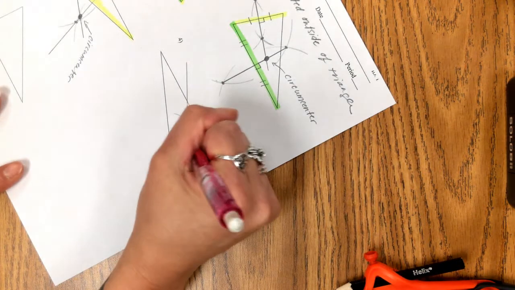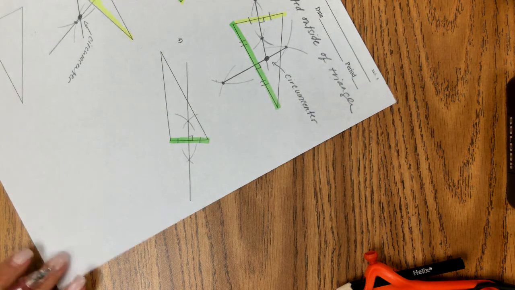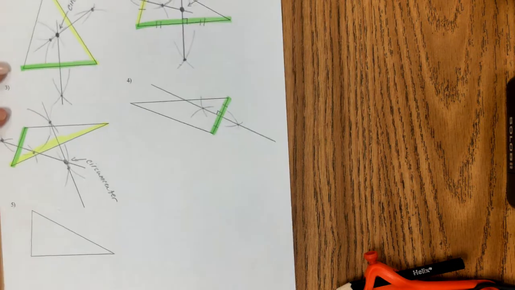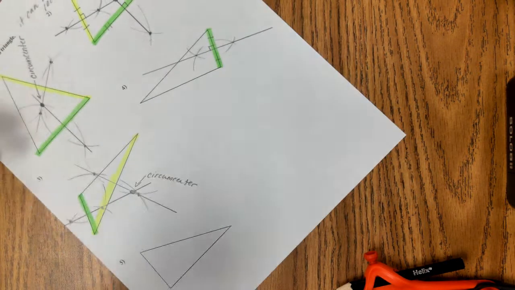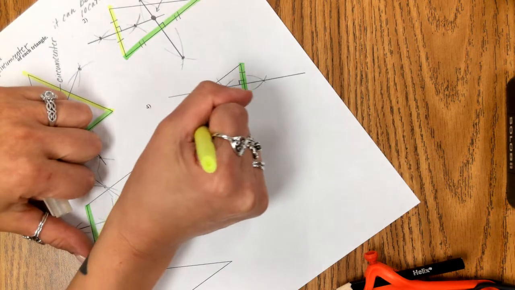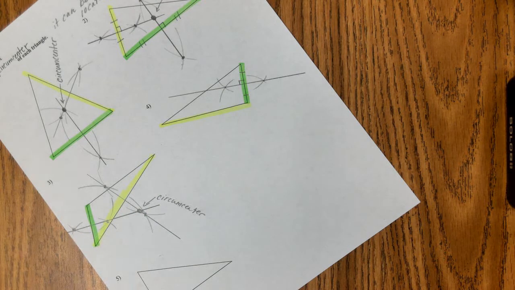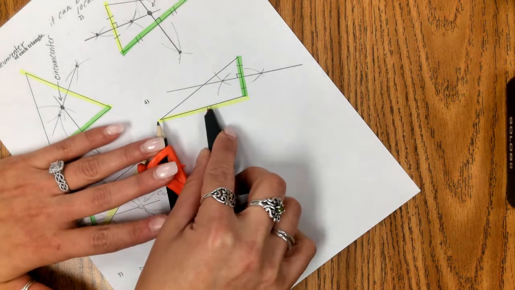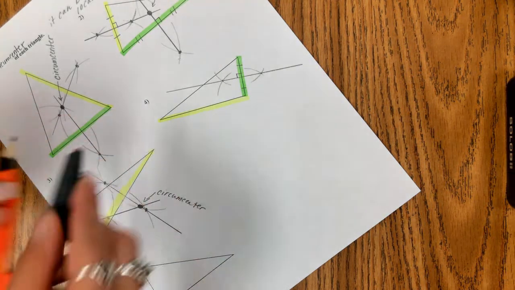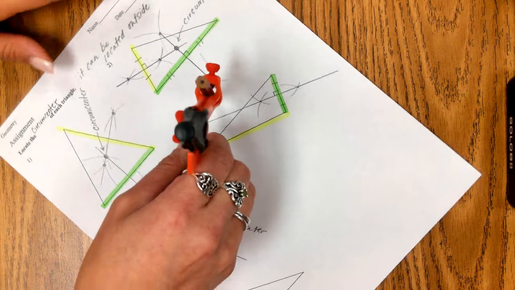Again, that forms a right angle, forms congruent sides here. Okay, then I'm going to do this bottom line here. Same steps. Make your arcs.